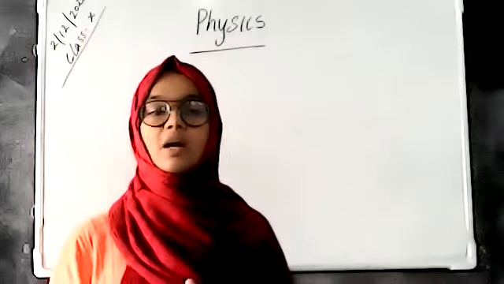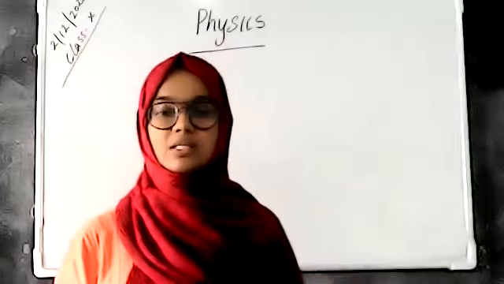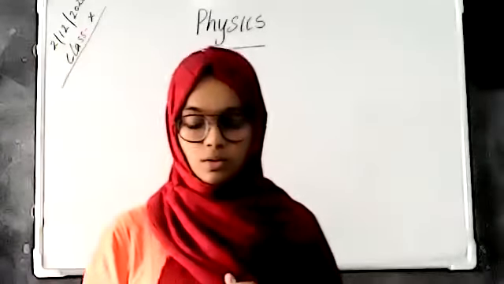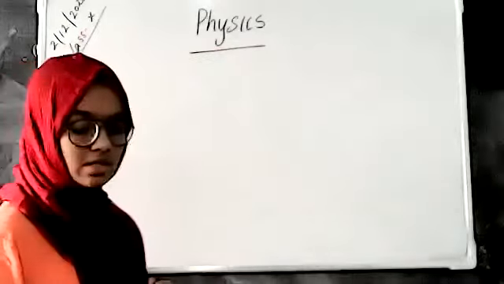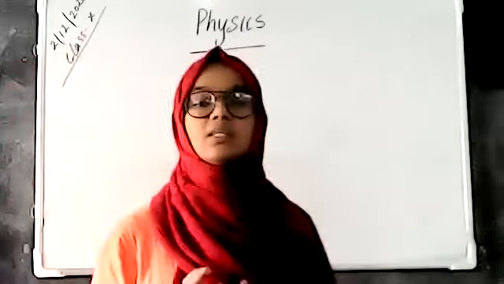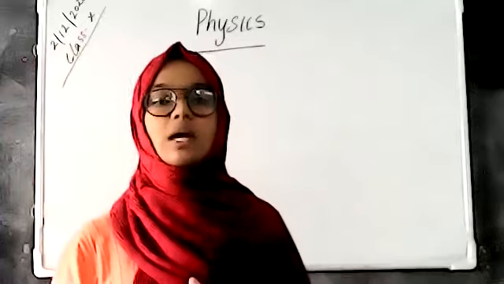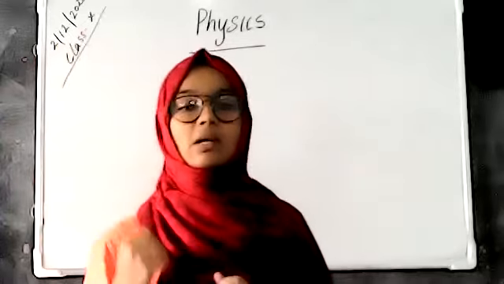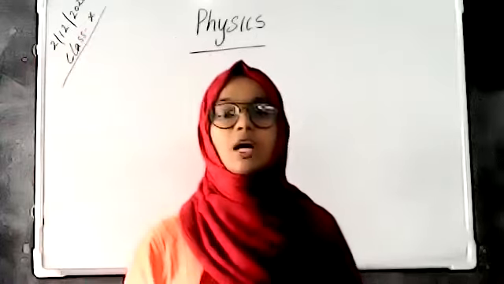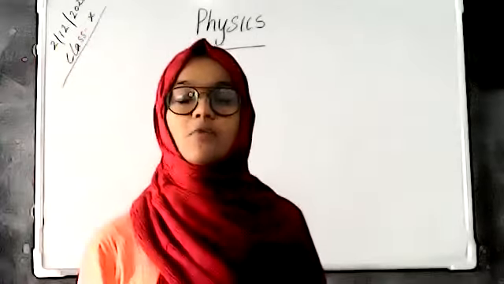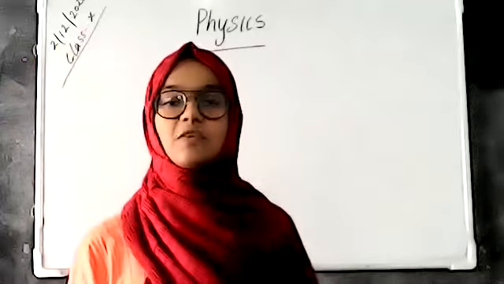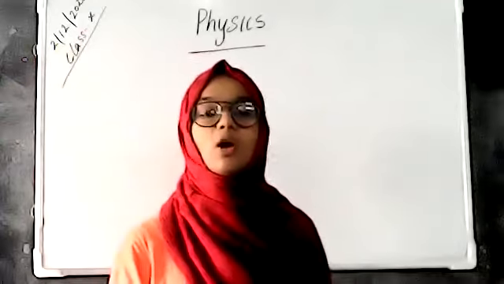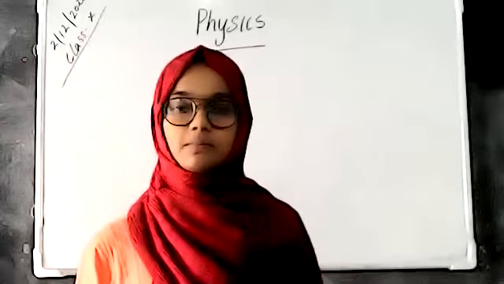And now we have another topic, that is the new Cartesian sign convention. This is about the same mirrors, because we use different types of mirrors for image formation. The types of mirrors we discussed in the previous class are plane mirror, concave mirror and convex mirror.